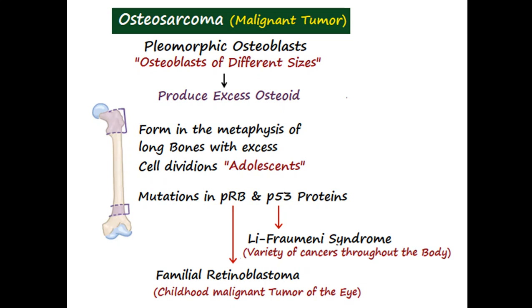The two very important mutations that are associated with the osteosarcoma are the mutations in the RB and P53 genes and RB and P53 proteins.